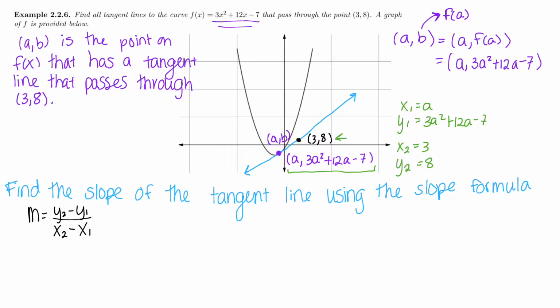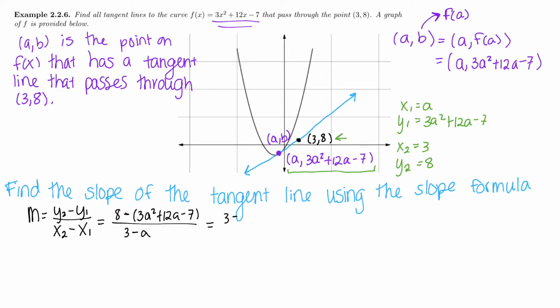Up to this point, no calculus, right? No calculus used yet. So y2 is 8 minus y1, 3a squared plus 12a minus 7. On the bottom, x2 is 3 minus x1 is a. We can simplify this.